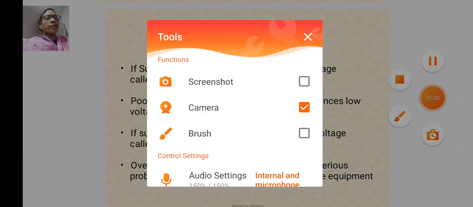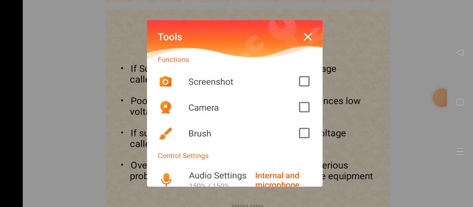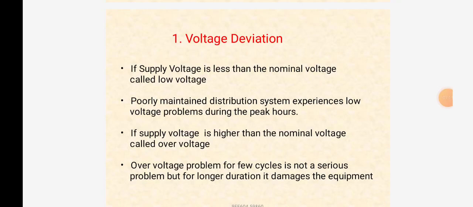In voltage deviation, if supply voltage is less than the nominal voltage, it is called low voltage. A poorly maintained distribution system experiences low voltage problems during the peak hours.